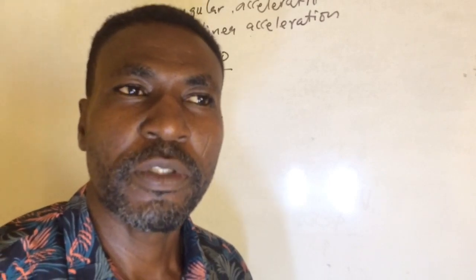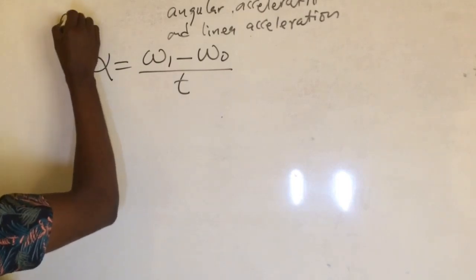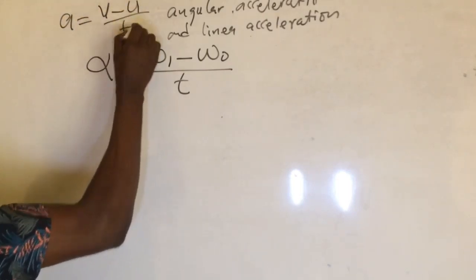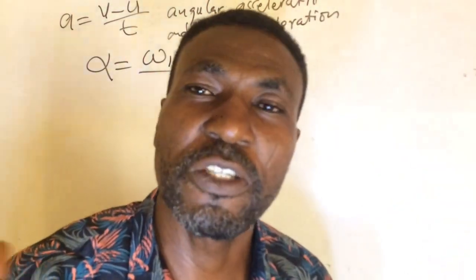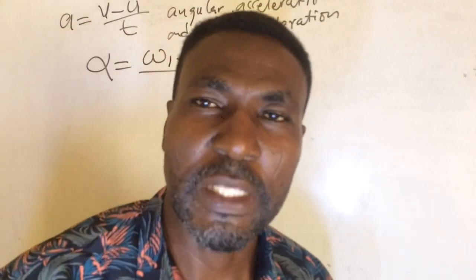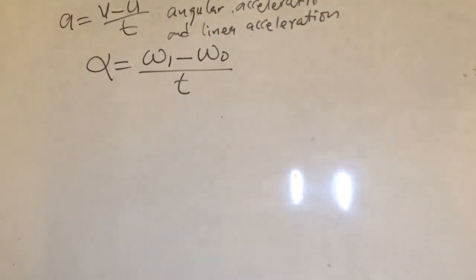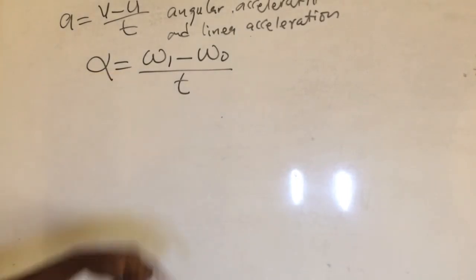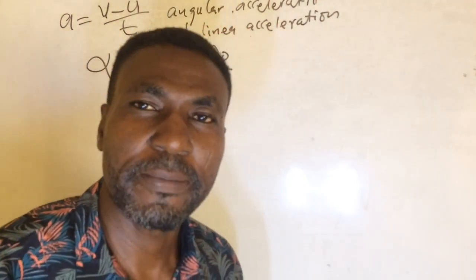Just like linear acceleration is (v minus u) over t. That is final velocity minus initial velocity all over time taken, right? And the unit of angular acceleration is radian per second square.